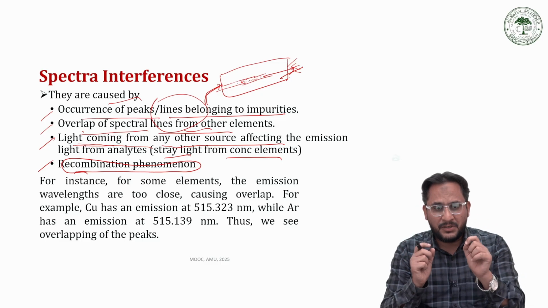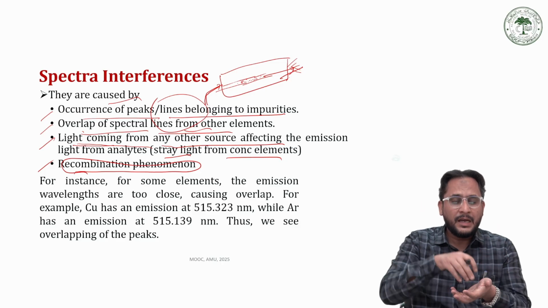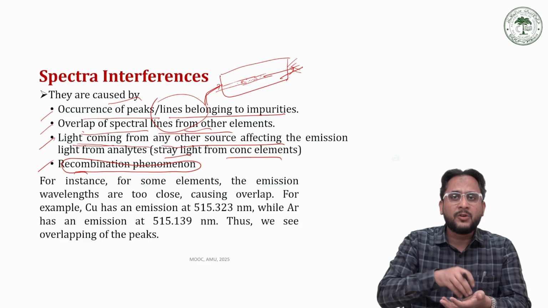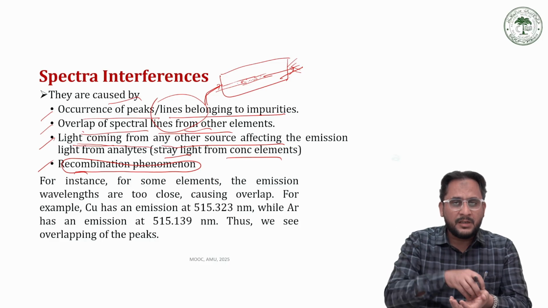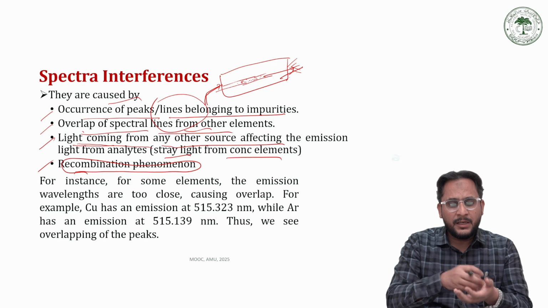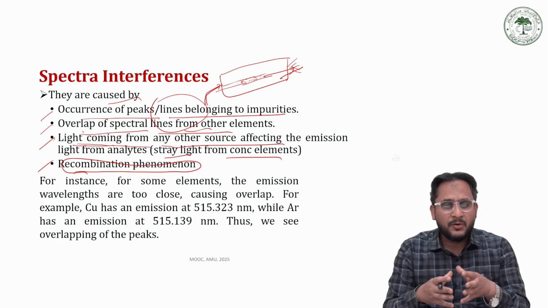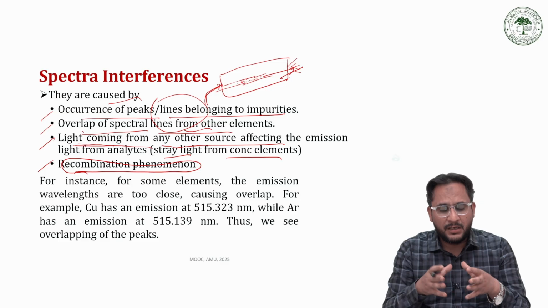Then the characteristic peaks of those elements would of course be missing, because we do not have the element present in its pure form. Now the element has recombined with other components to form the molecule again. So we miss those lines belonging to the pure or characteristic spectrum of that element.